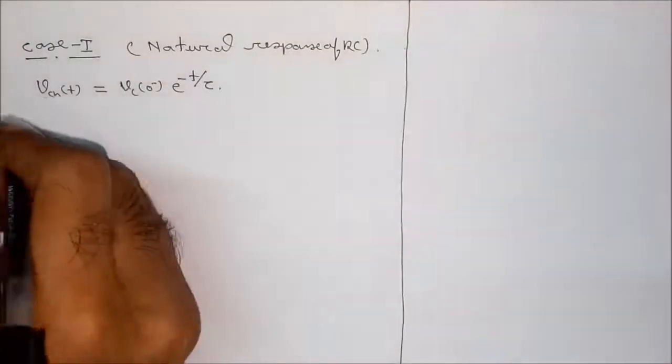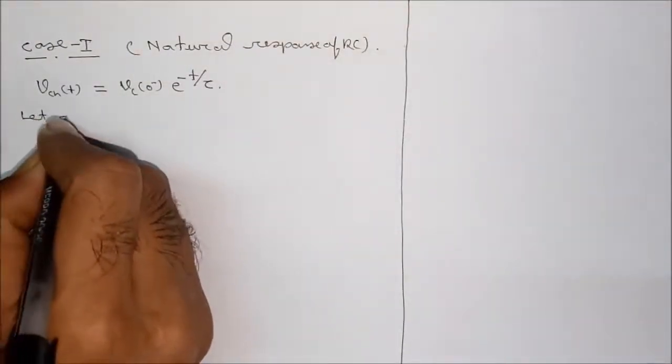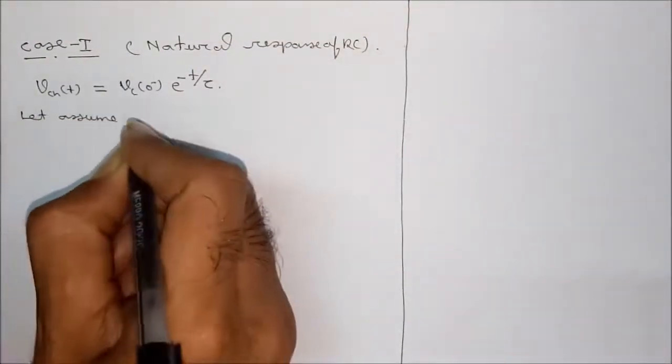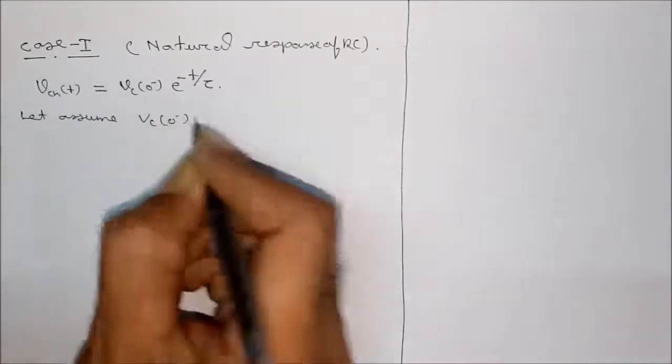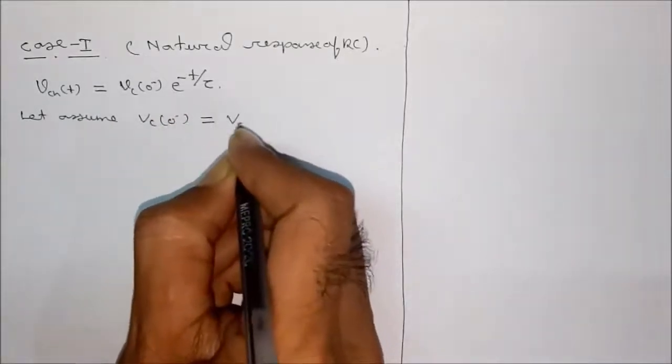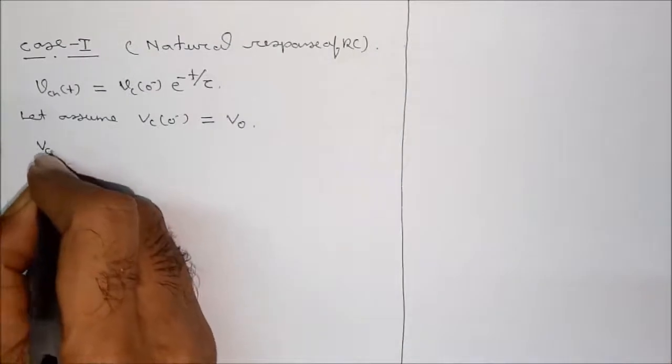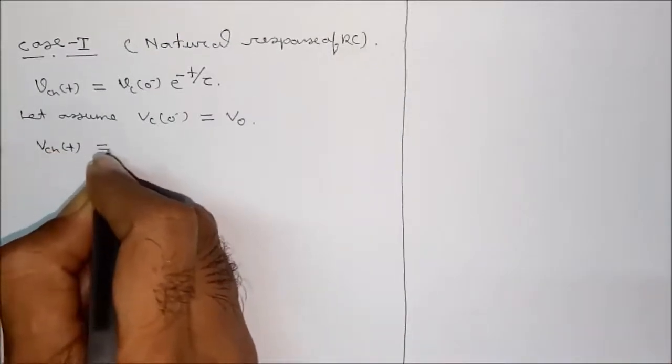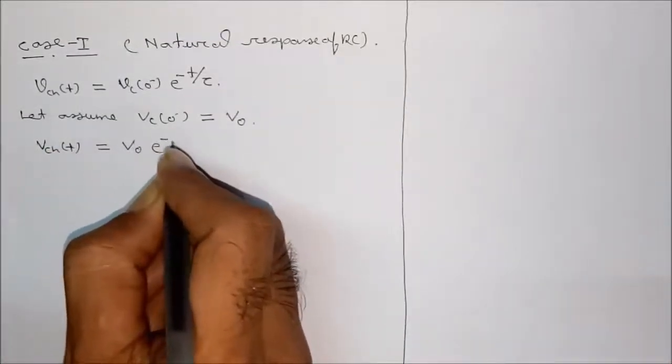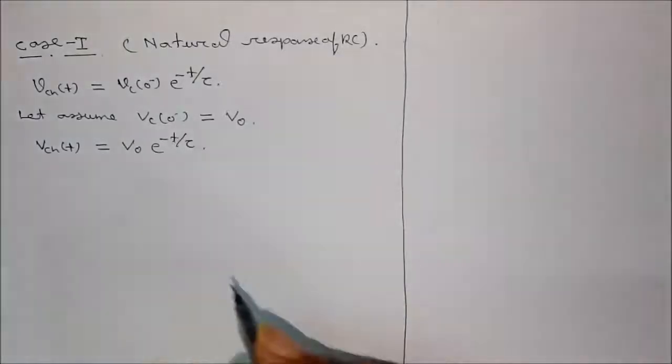Is it okay? Let us assume Vc(0) is equal to V0. So we can write Vcn(t) is equal to V0 e to the power minus t by tau.